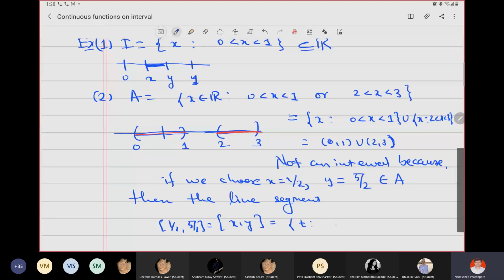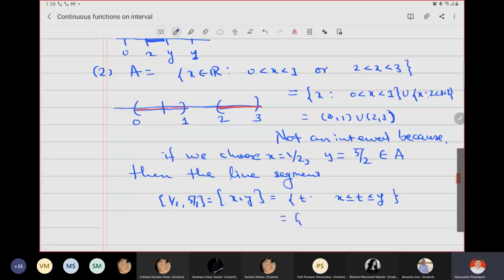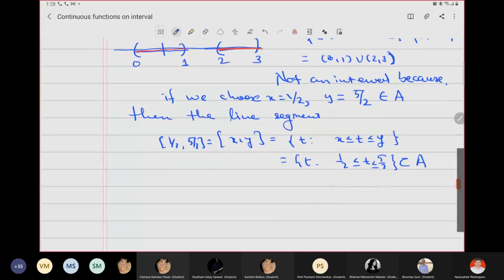So all those t which lie in between x and y, that means all those t which lie in between half and 5 by 2. Is this contained in A? No, sir. Right.